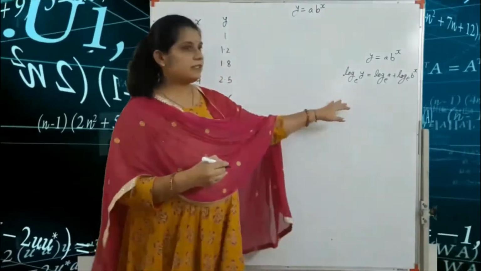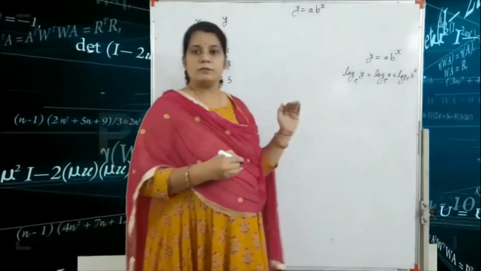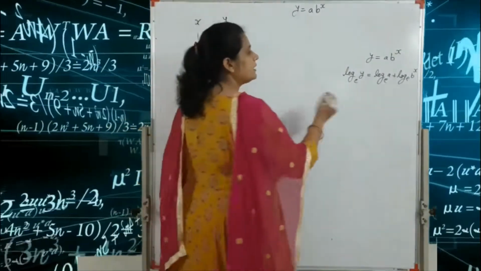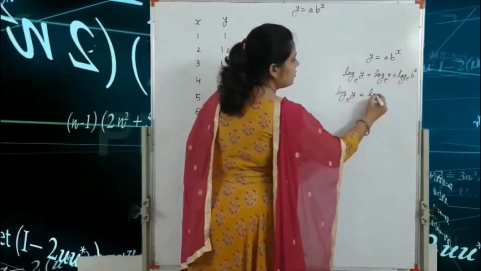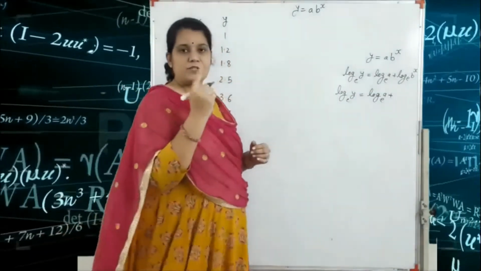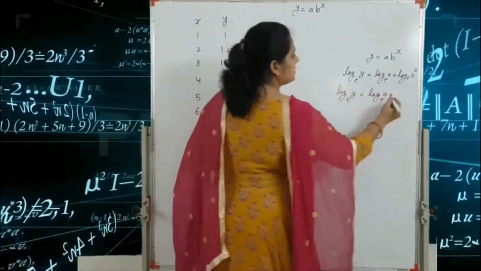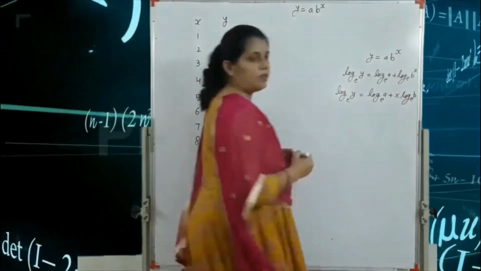We have already seen in our previous lecture how we take the logarithm on both sides, and here we write log y base e is equal to log a base e plus x log base e b.